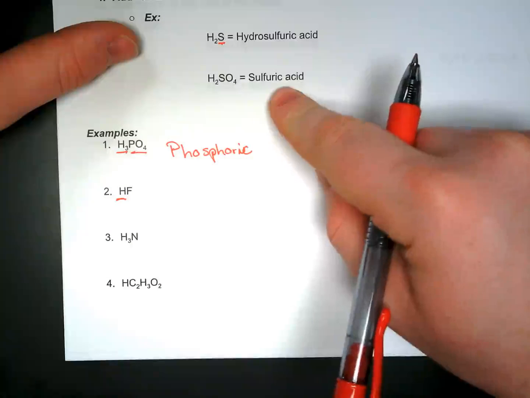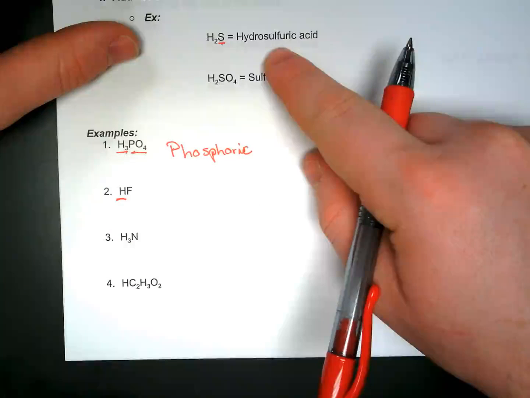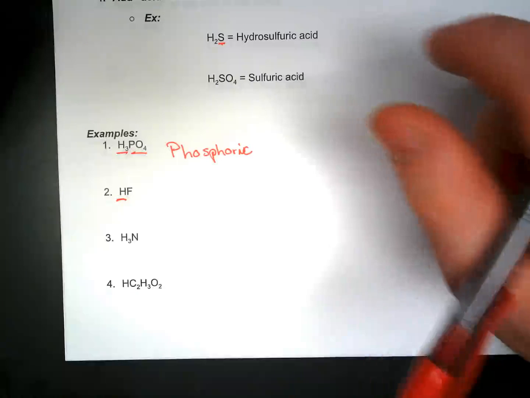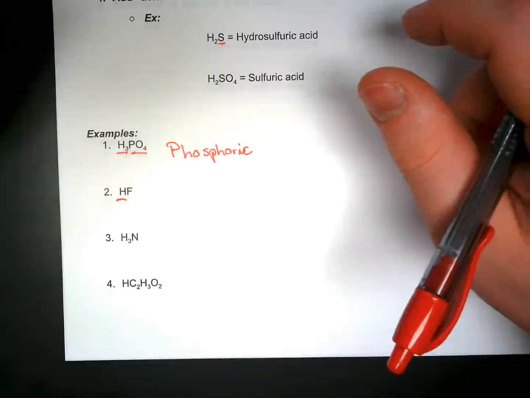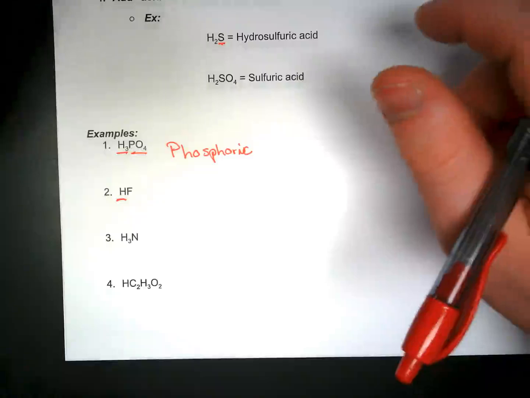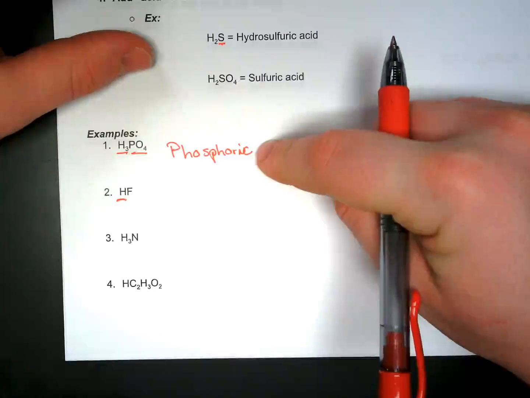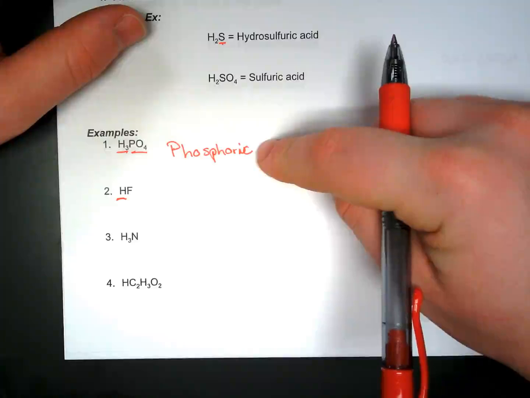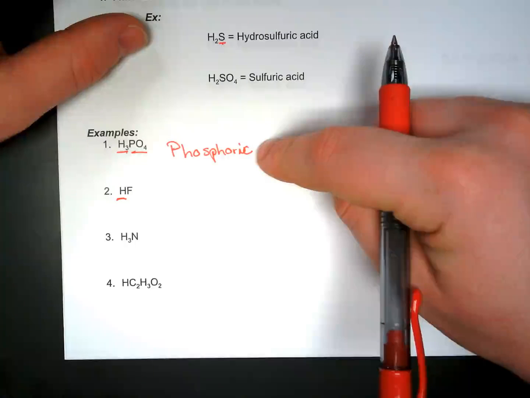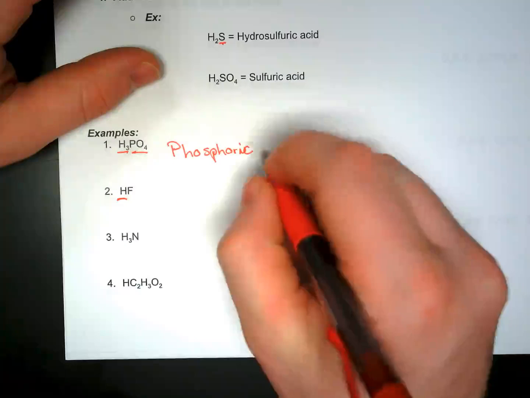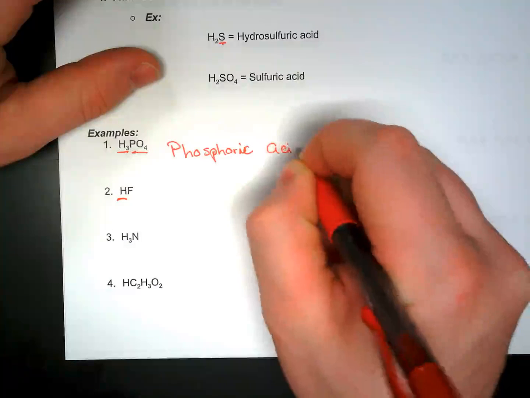It's not terribly obvious for sulfuric or hydrosulfuric. Make your best judgment. If it's close enough to what the answer is, I'll accept it. Here's what I won't accept. If you just put phosphorus acid, I won't take that. You need to try. It needs to have an IC somewhere. So phosphoric and then acid.